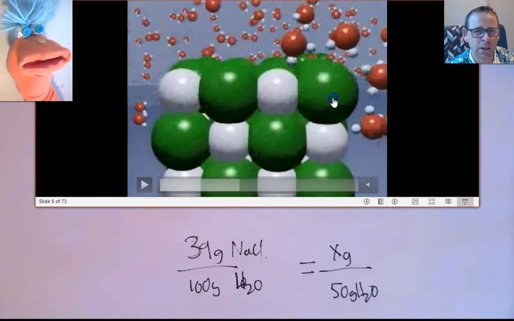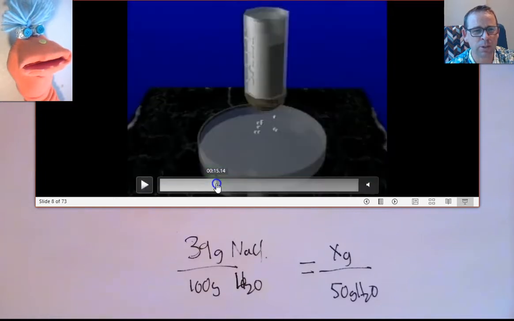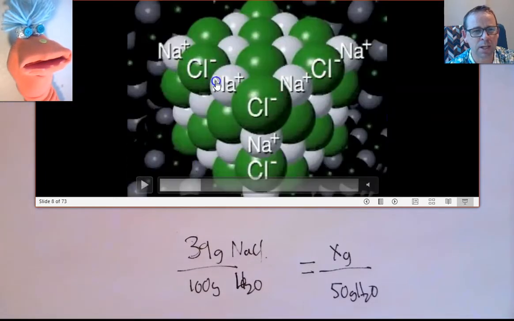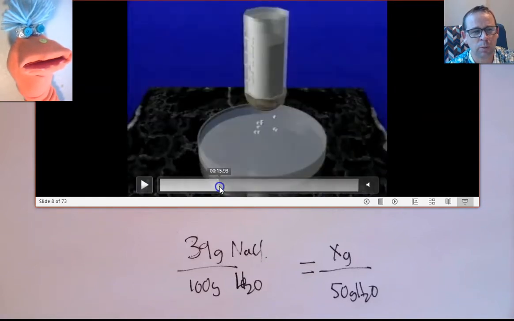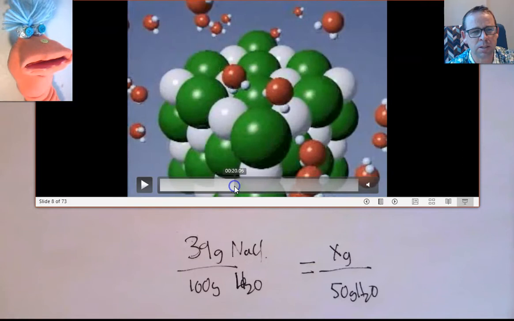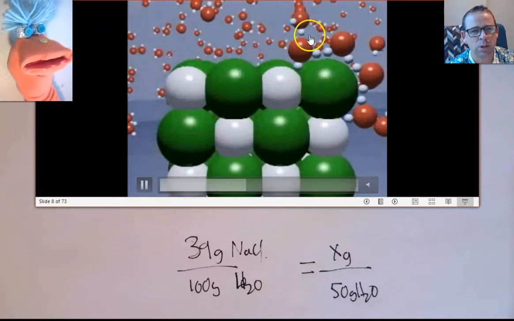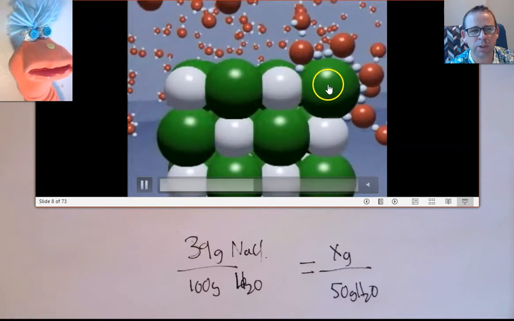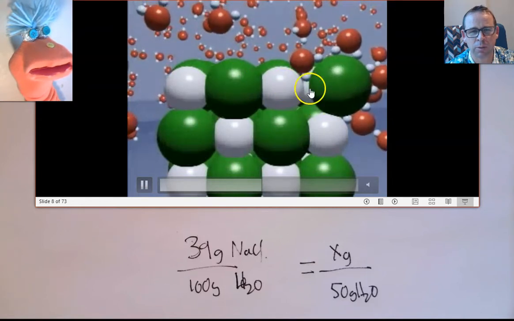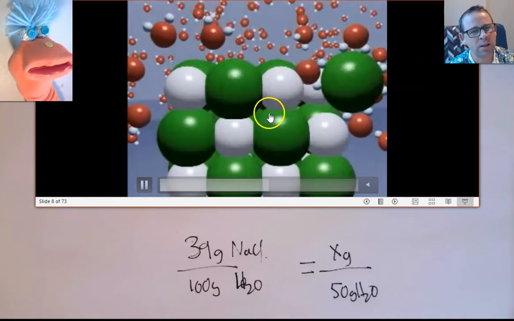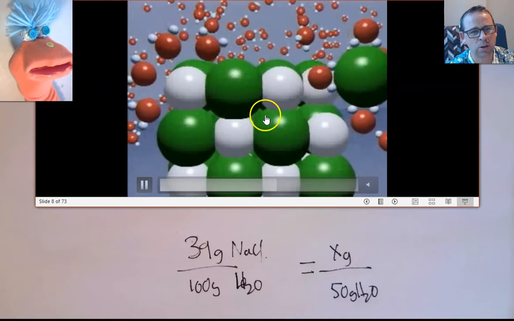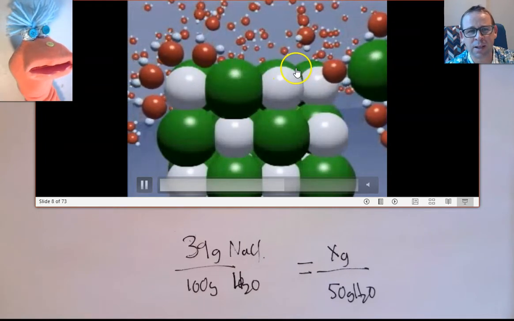These ionic compounds result in these three-dimensional lattices because of the charges on the individual ions. Well, when you put it into water, the water molecules surround and remove each individual ion from the total. So when the salt dissolves, it also separates into ions.